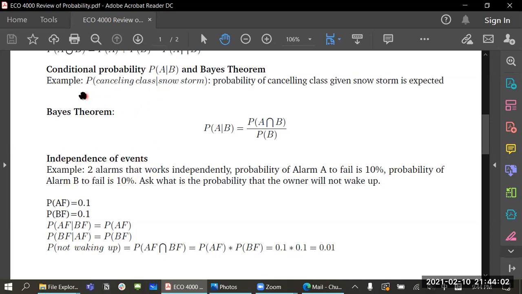So that leads to one of the most important theorems, called Bayes' theorem, which says the probability of A conditional on B equals the probability of A and B divided by the probability of B. Here is how I remember this equation.